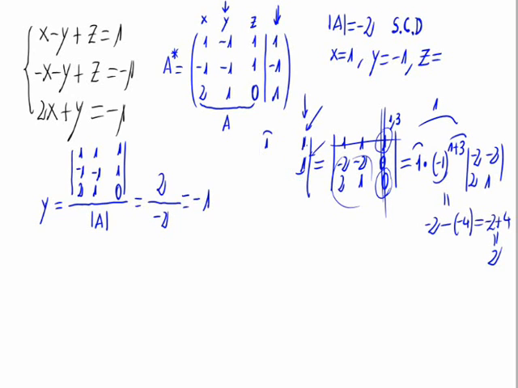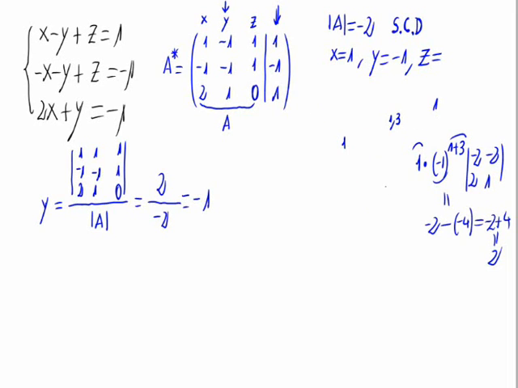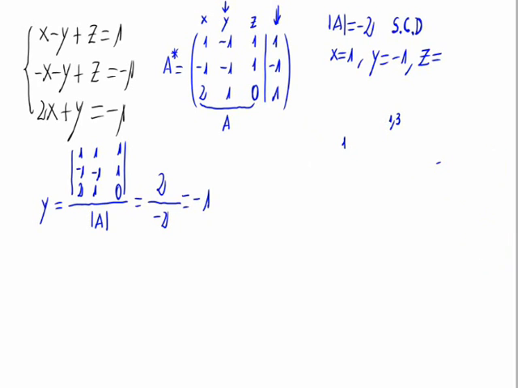Let's go with the z, the last unknown value. Let's erase a little bit, and here we go. This stays the same.